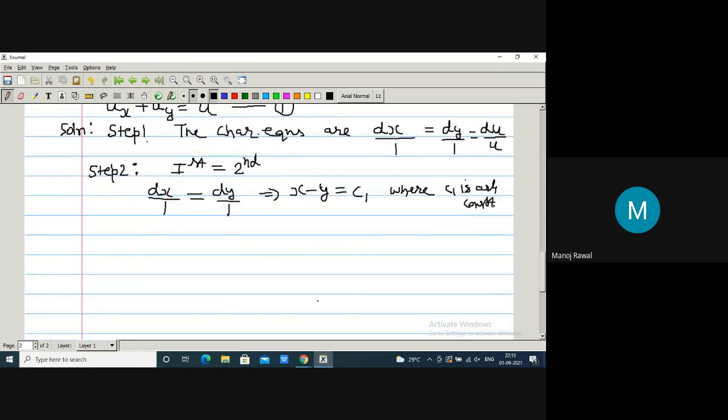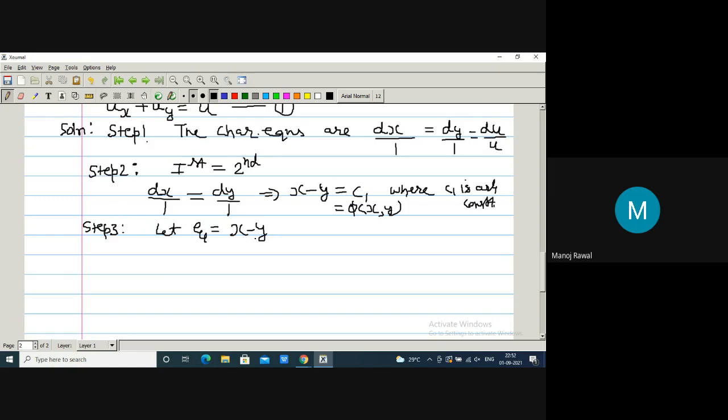Now let's come to step 3, the important one. Let xi is equal to phi(x,y). So this solution is my phi(x,y). So let xi is equal to phi(x,y), that means xi is equal to x minus y.